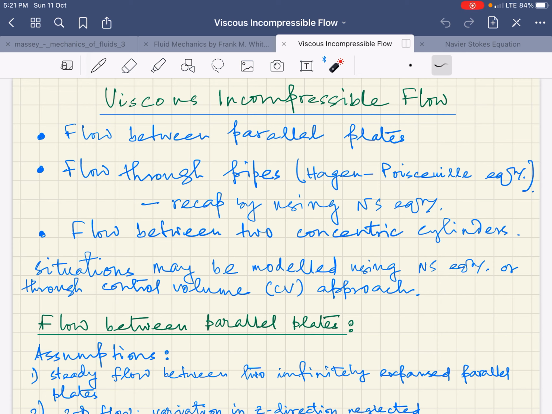And another aspect that we neglected broadly, or mostly, if not wholly, is that the flow was steady. That means the temporal or local component of acceleration all through your Fluid Mechanics 1 was neglected. Here in our Fluid Mechanics 2, also by and large we are going to neglect the effect of this unsteady part, that is the temporal or local acceleration part.